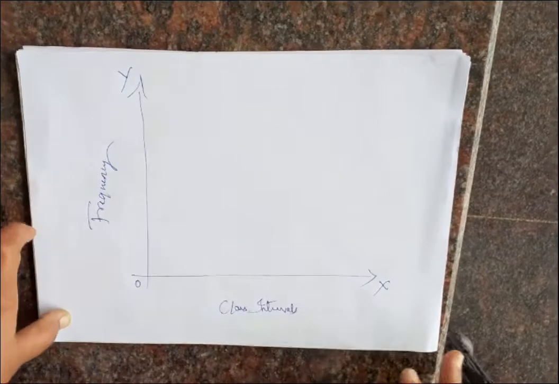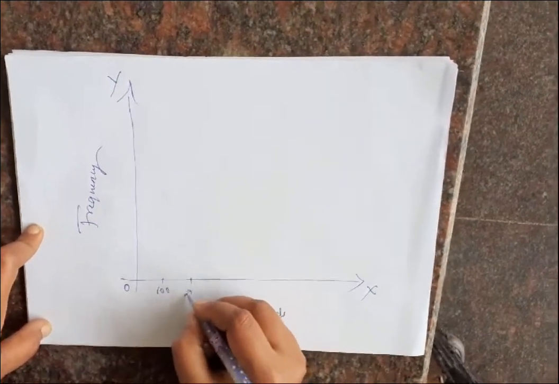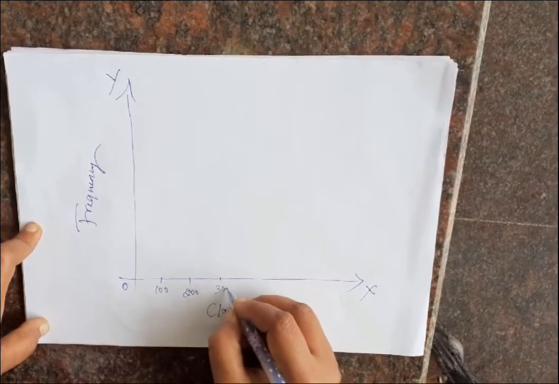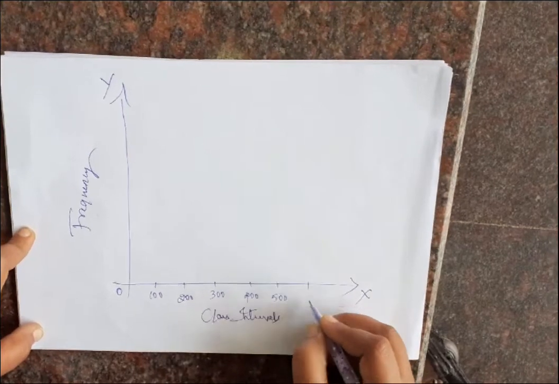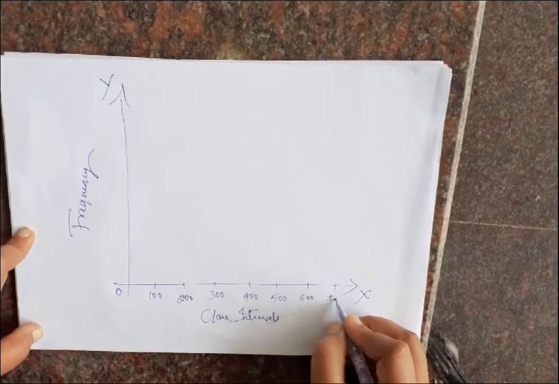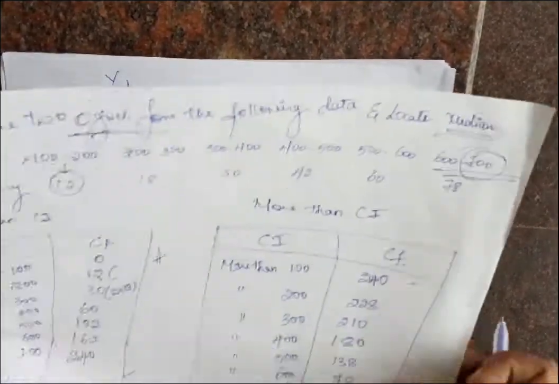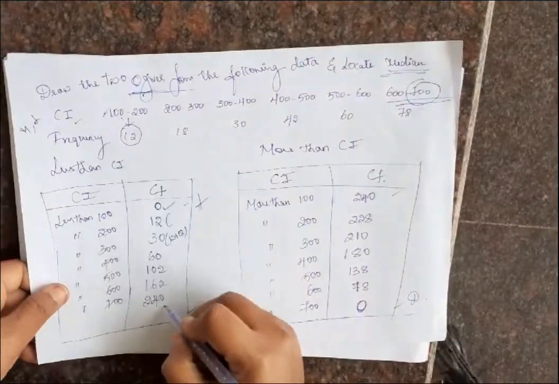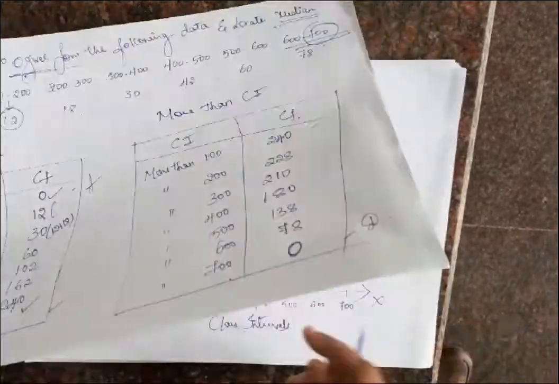Class intervals we have 100, 200, 300, 400, 500, up to 700. So till 700 you have to write. When it comes to frequency, from 0 till 240 we have to cover. 0 we are already writing here.